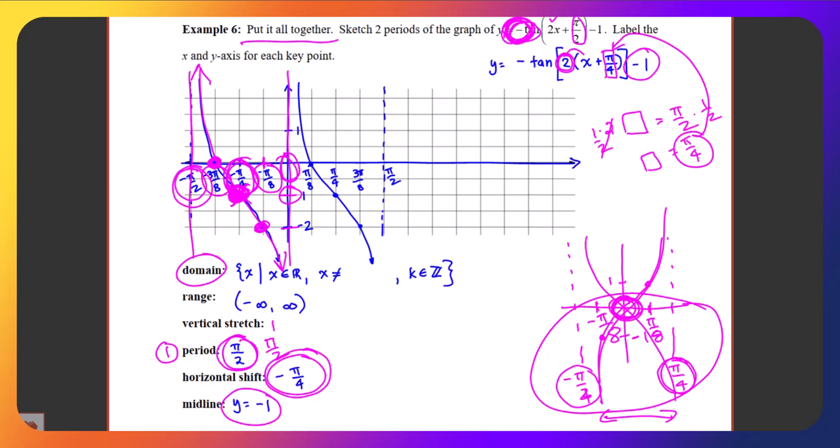So it's 0, if you wish, plus pi over 2k, where k is an integer, but nobody cares about adding 0, so I can just do that. So all the x values in the real numbers, as long as it's not on the asymptote. And up and down the range goes forever down, forever up.